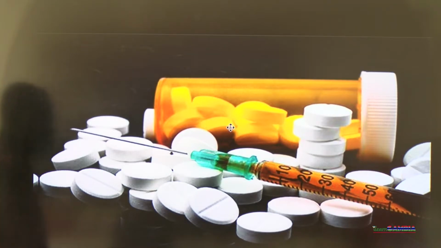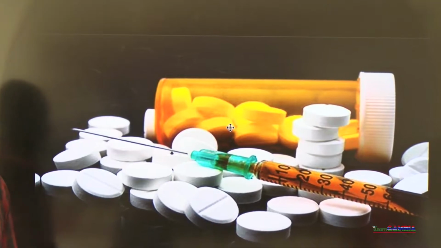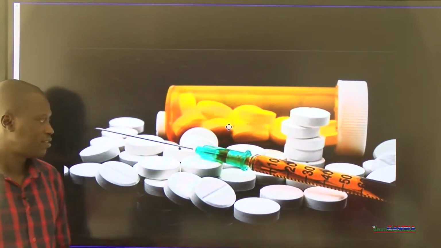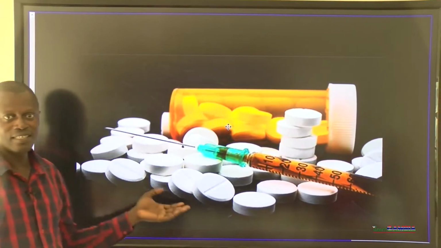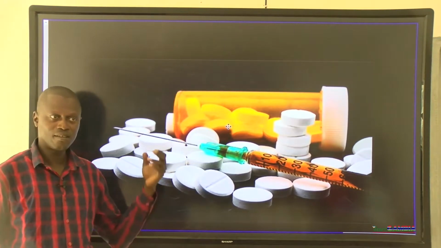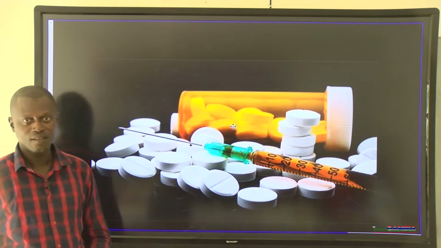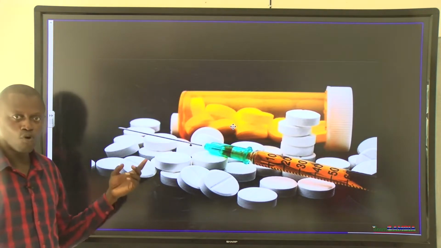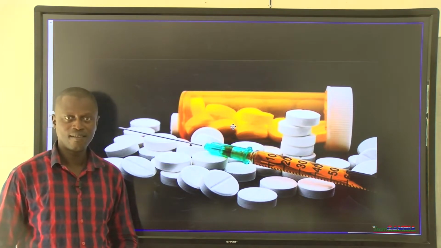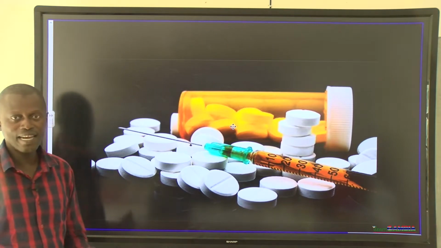For example, you are diagnosed with malaria and the doctor advised that you take these medicines twice a day, take 2 in the morning and 2 in the evening. You being the patient took 3 in the morning and 4 in the evening. How will we describe this?